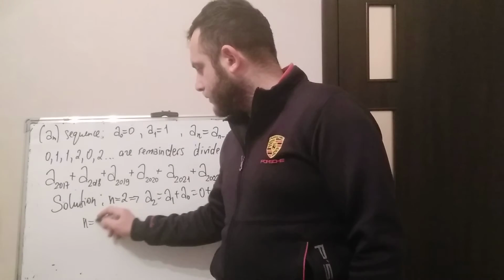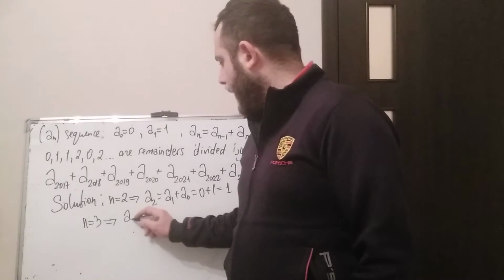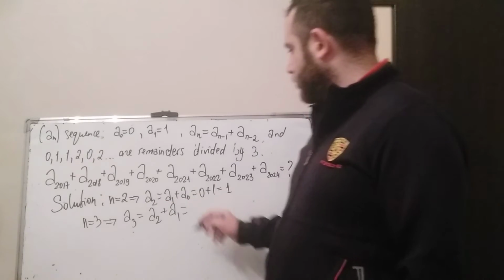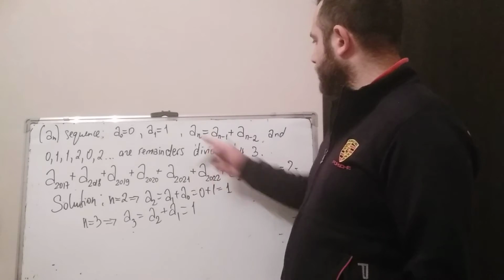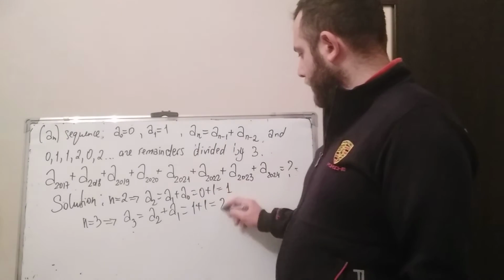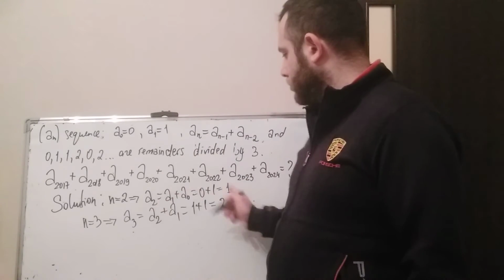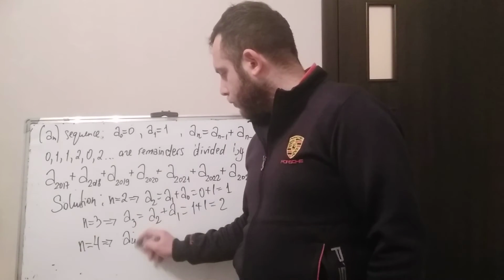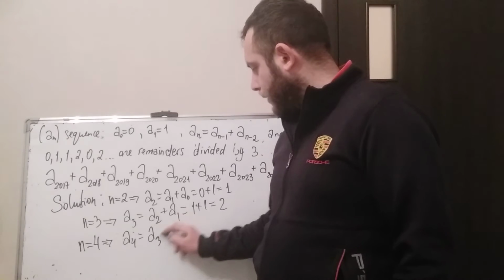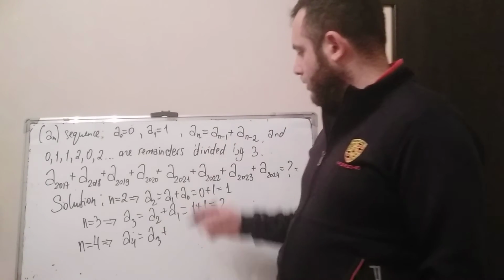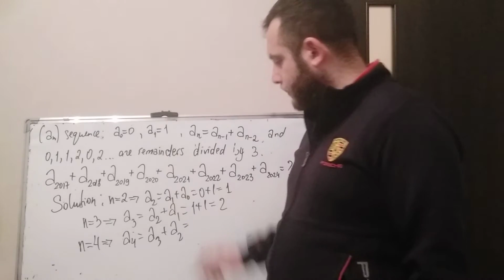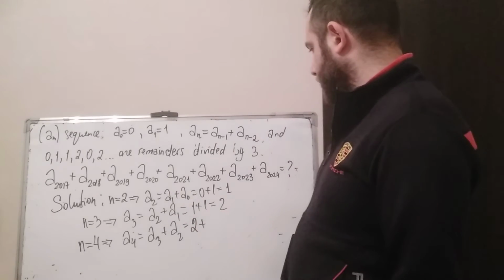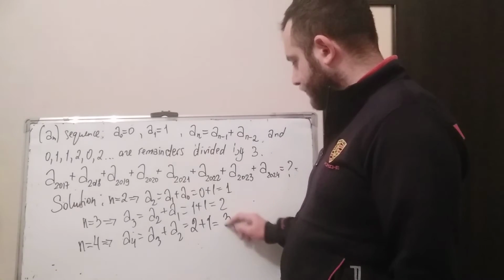Now let's check n is 3. a3 equals a2 plus a1. So a2 is 1, a1 is 1, so 1 plus 1 is 2. Now let's check n is 4. a4 will be a3 plus a2 according to the general formula. a3 is 2, a2 is 1, so 2 plus 1 is 3.